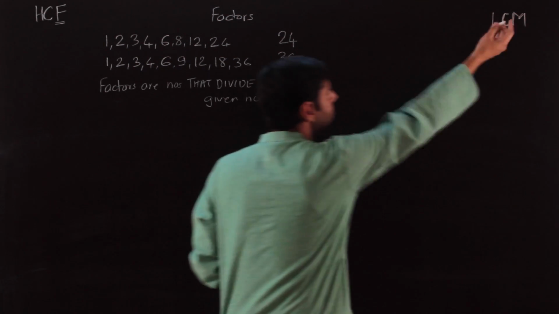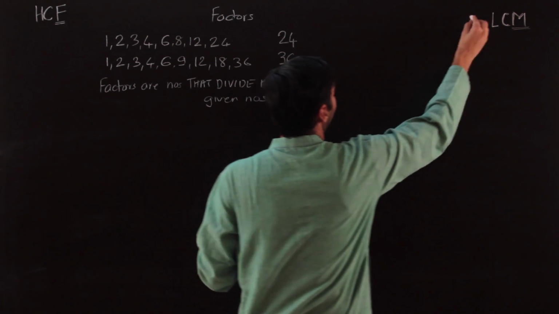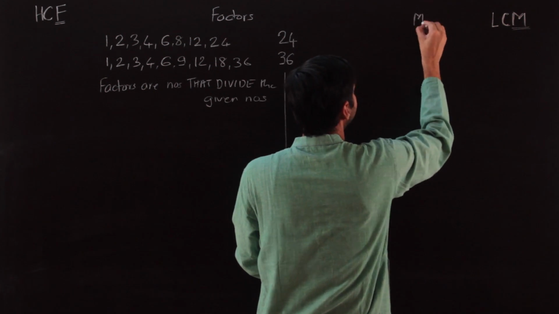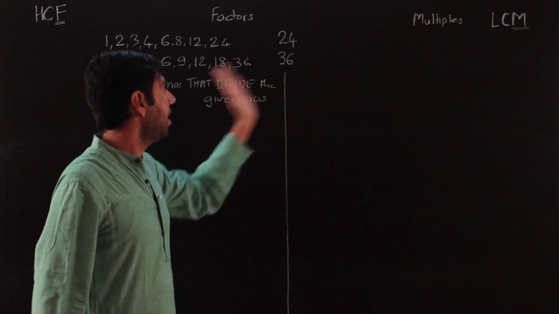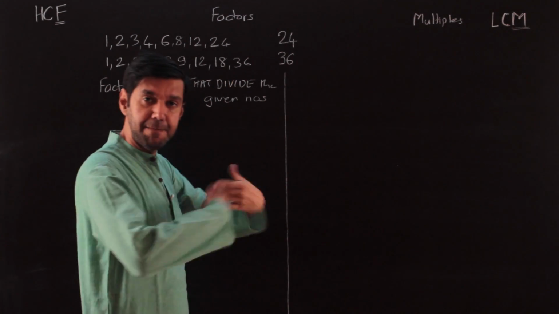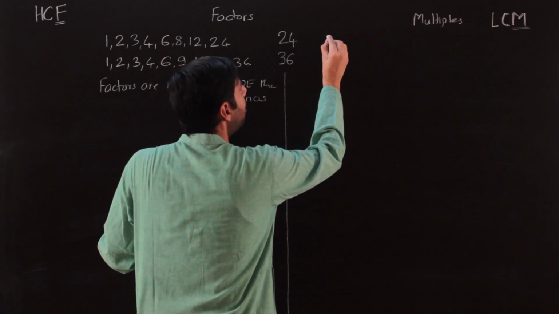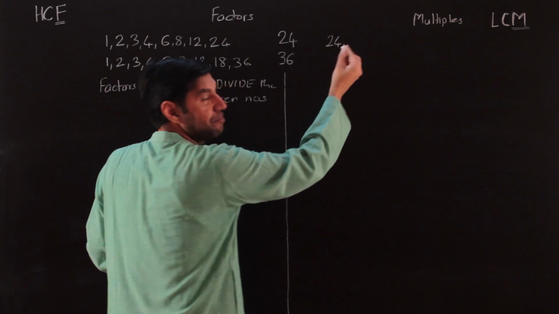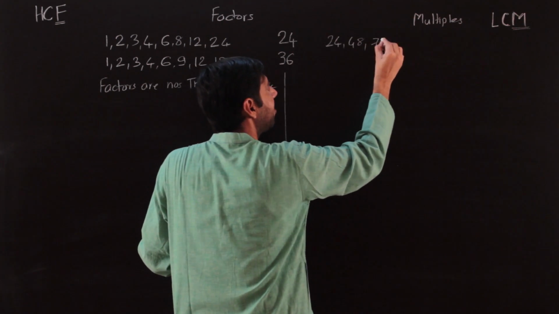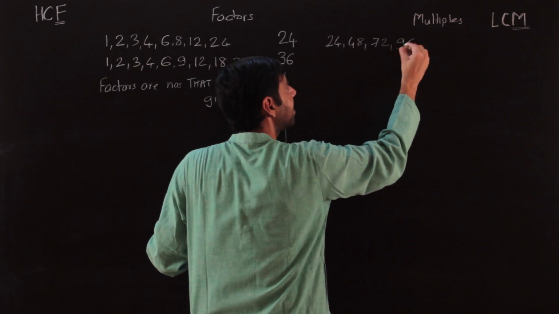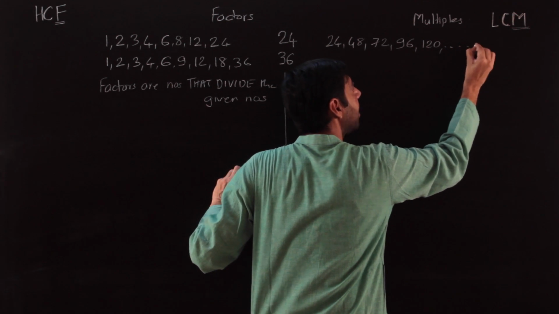As against that, let's look at LCM. Similarly, the key important thing here is M, and M stands for multiples. So what are multiples? Multiple table, you have to multiply. So multiples of 24 are 24 itself, the first multiple, 24 into 2, the second multiple, 48, 24 3s are 72, 24 4s are 96, and so on, 120, and they'll continue infinitely.